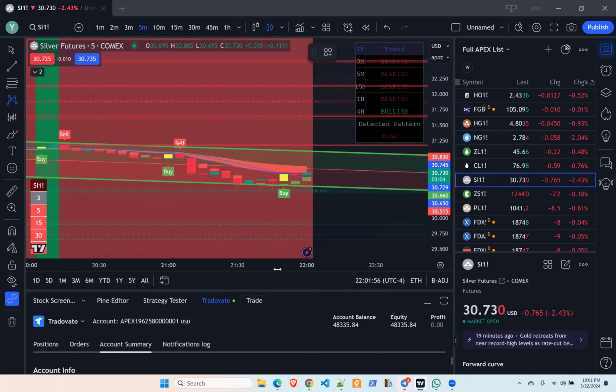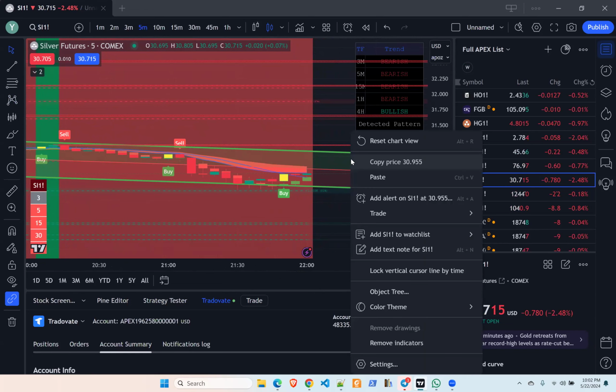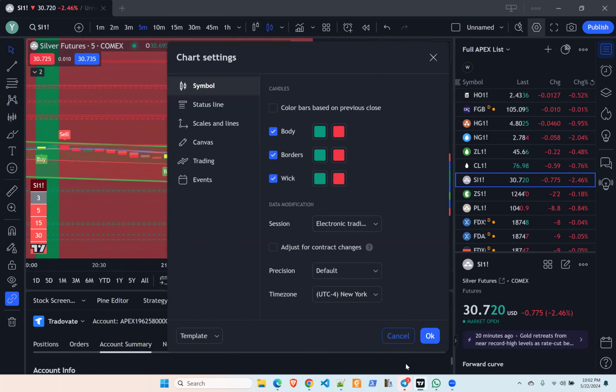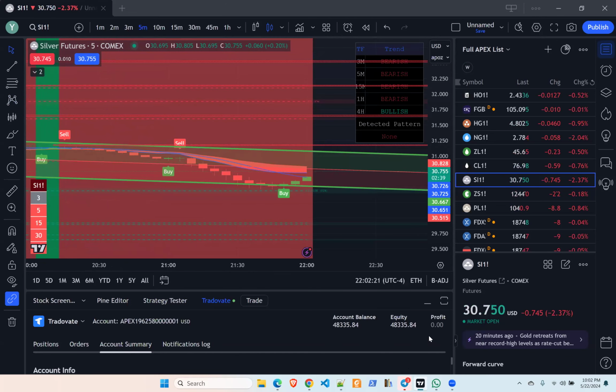do a right click on the chart, go to settings, and you can disable those Heikin Ashi body, border, and wick. Okay, say OK and click on save.